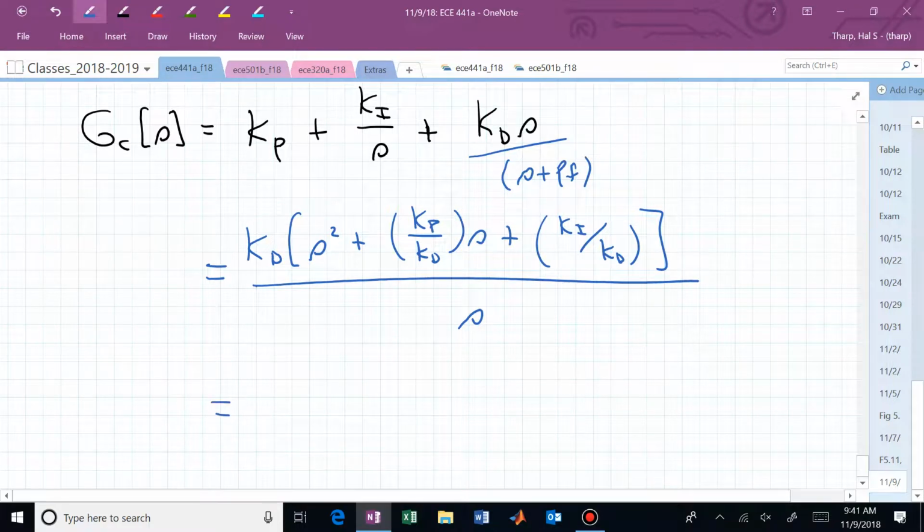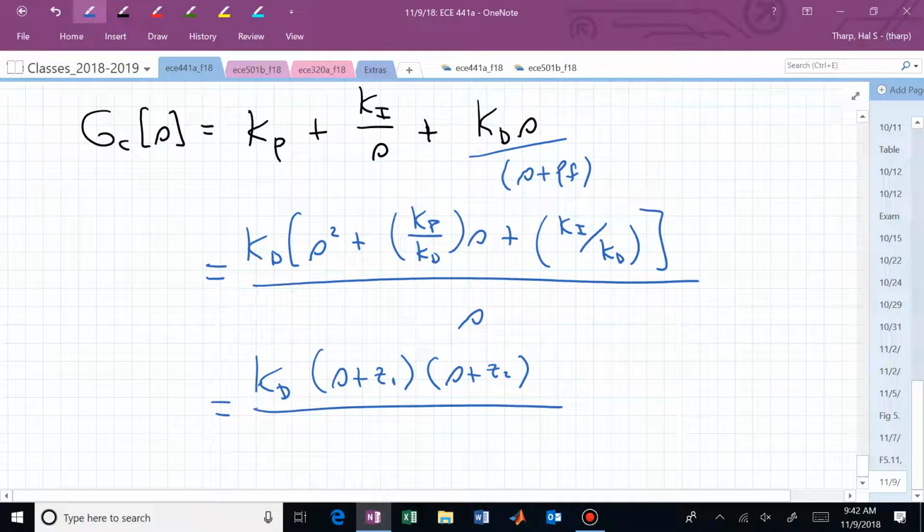That's just a quadratic expression in the numerator, which we know can probably be factored, and Z1 and Z2 could be real and unequal. They could be real and equal. They could be complex conjugates of each other because we have a quadratic expression.